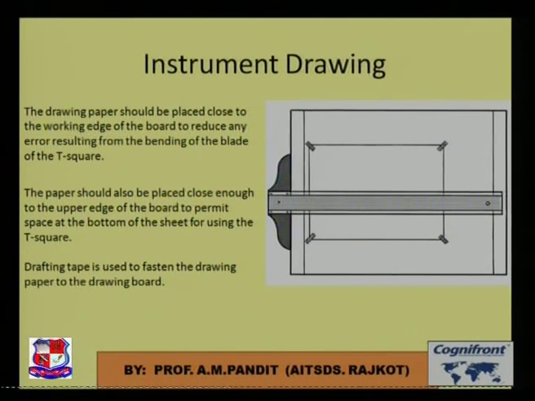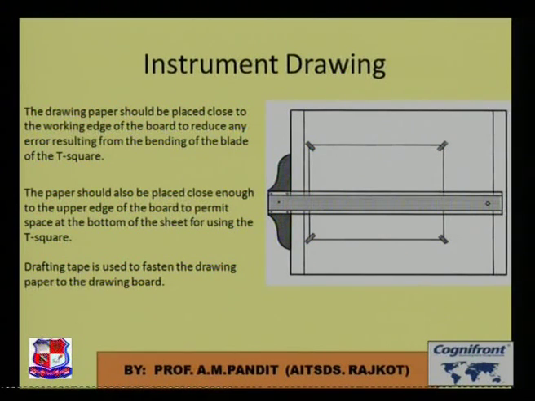Before we draw any sort of drawing using the T square, we should check that the drawing paper is placed closely to the working edge and it's exactly perpendicular, so that our drawing lines are perpendicular.